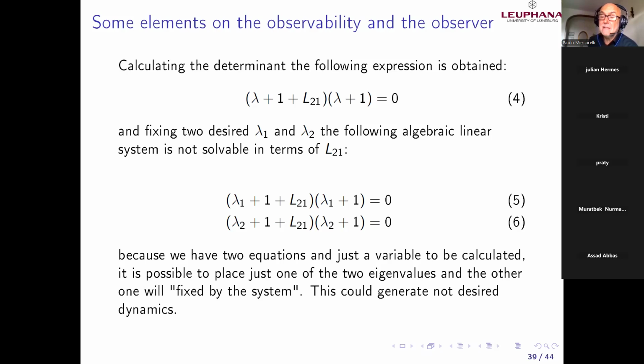We can see that we have just L21, which can be calculated. Because the equations collapse, I will tell you in detail next week. Because we have two equations, but the two equations are the same. It is possible to realize an observer, but with some limitations. I mean, we cannot place arbitrarily the eigenvalues.